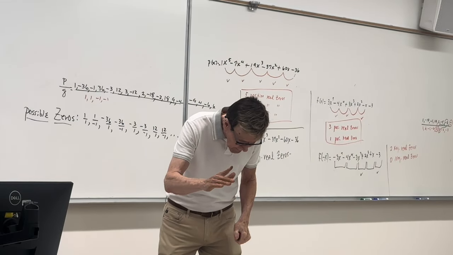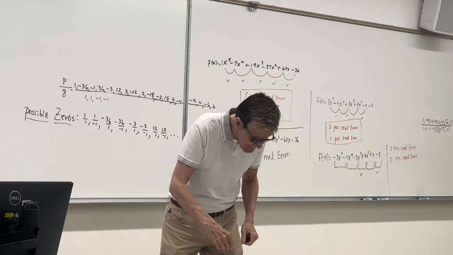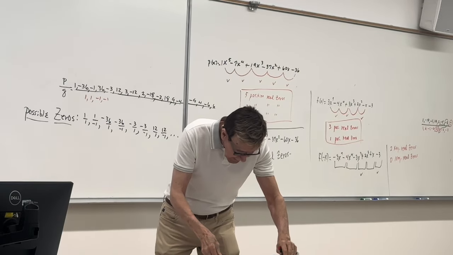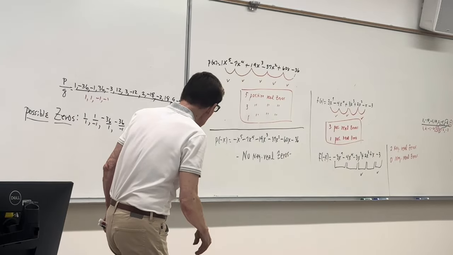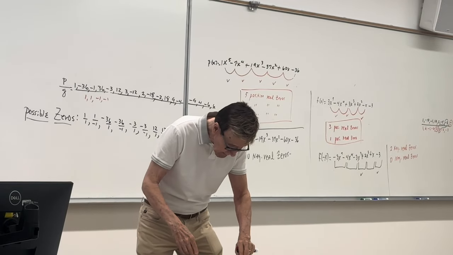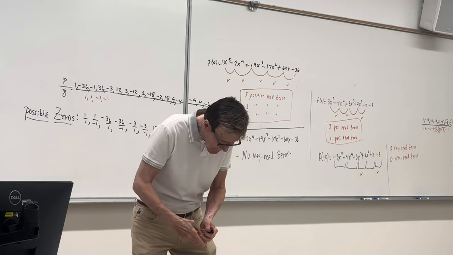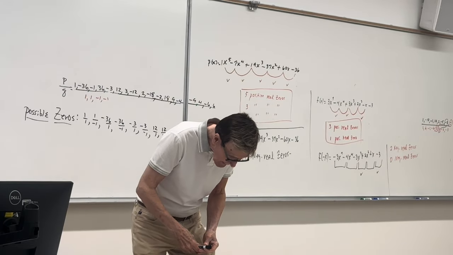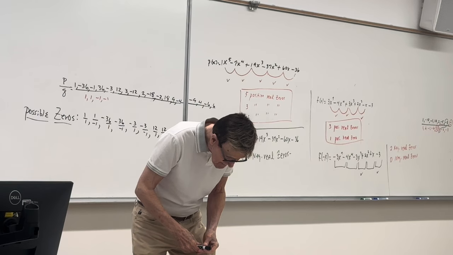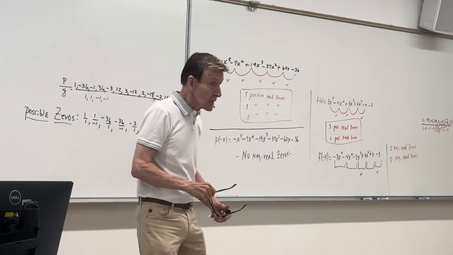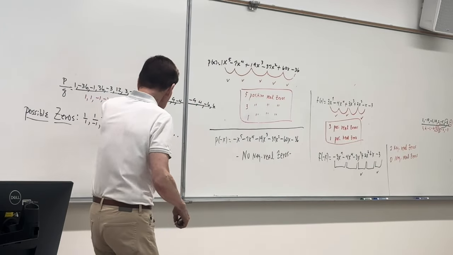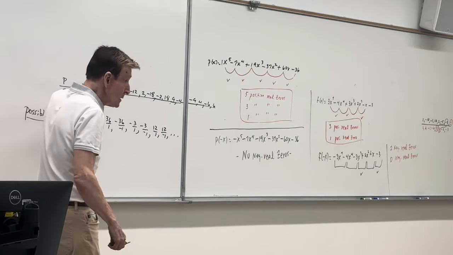Make sure we got this. Okay, 9 will not work. By the way, is 9 a possibility? Oh, it is. 9 over 1.